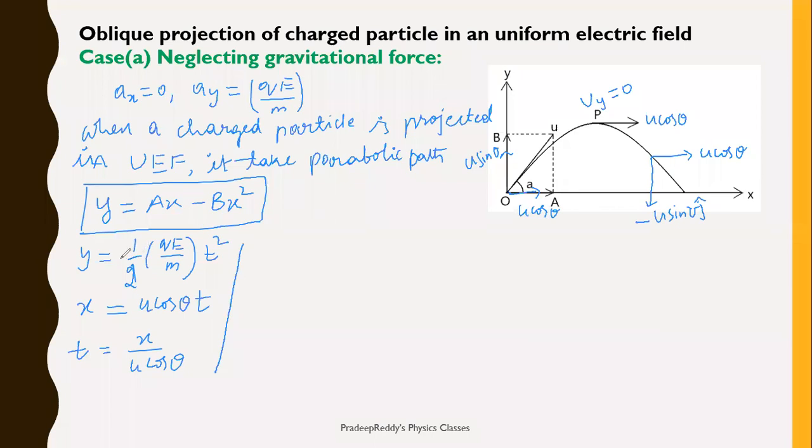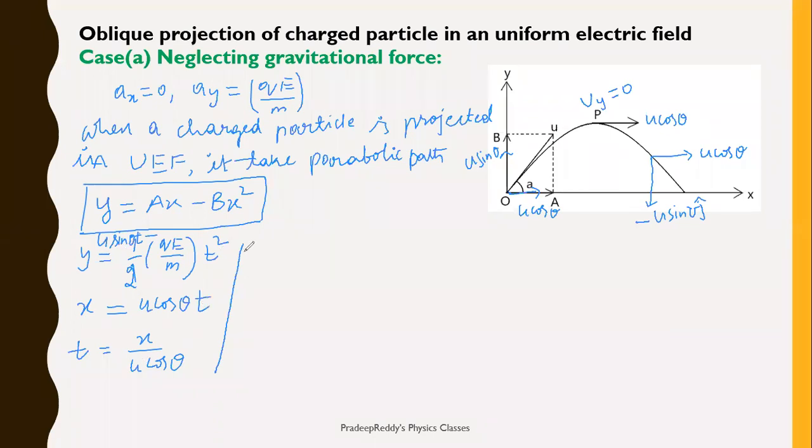Velocity along the y-axis will be, initially, u sin theta, and finally at this highest point it is 0, and coming here it will be the same value. So distance traveled y is equal to ut plus half a t square. I'm sorry, here it will be u sin theta into t minus half into qE by m into t square.